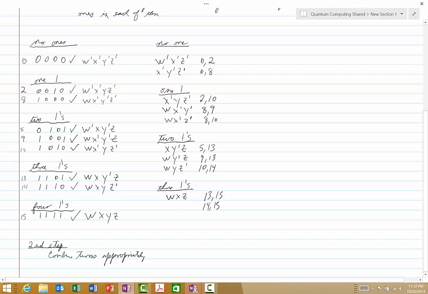And for 14 and 15, they differ only in the z bit, so that's wxy. Once we take out the z term, those two match. And so that's it. We've now gone through all the possibilities for this column.